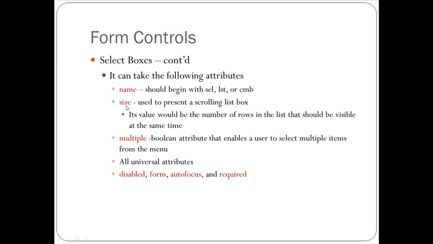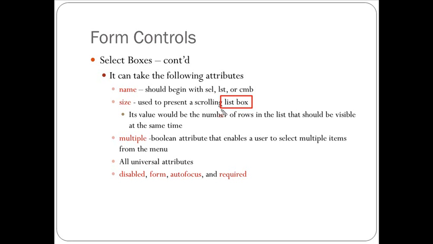The size creates what we refer to as a list box. The size is not how many characters will fit in it, like you saw in a text box in the last video, but how many items will actually show, how many will be visible at any one time.